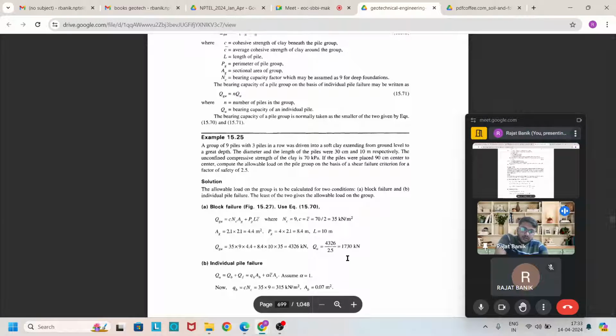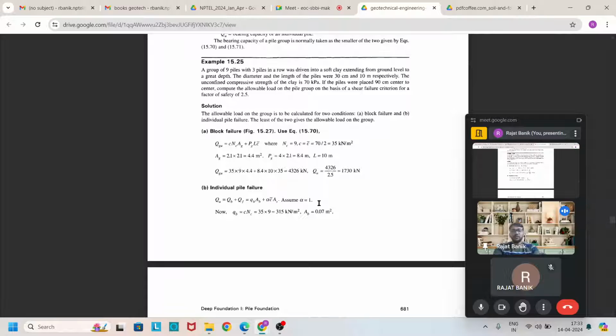And now we have to find this for the individual pile. For the individual pile, the formula is similar.